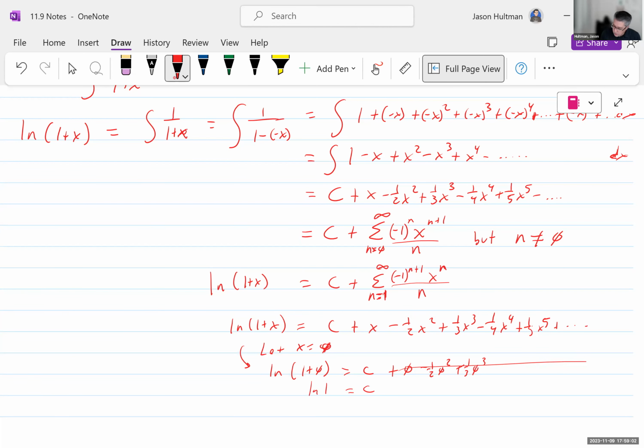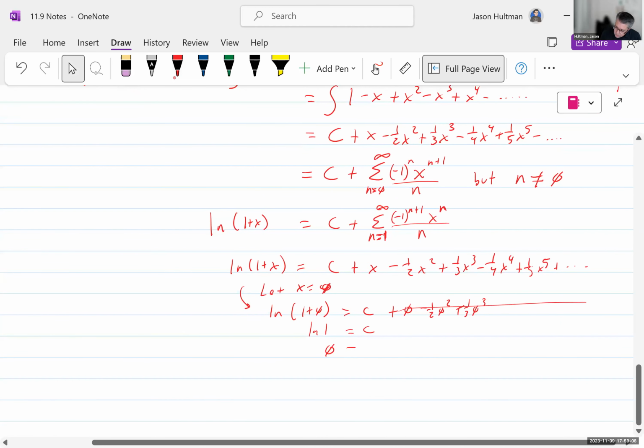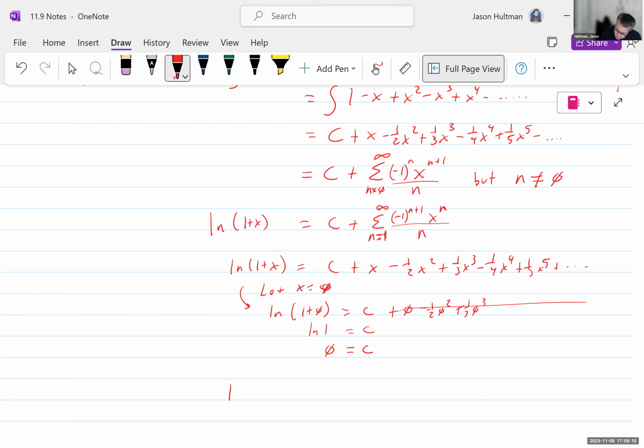Well, what is the natural log of 1? Yeah, 0, right? So we can actually solve for c, and find out what the constant had to be, and it had to be 0. So we actually get this guy to go away.